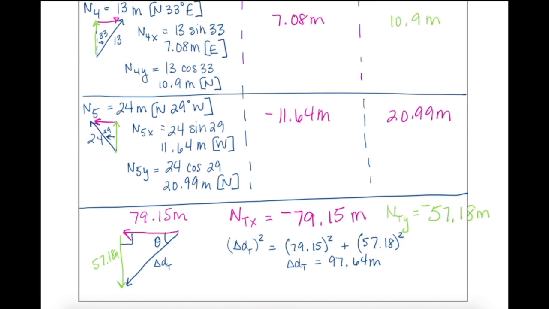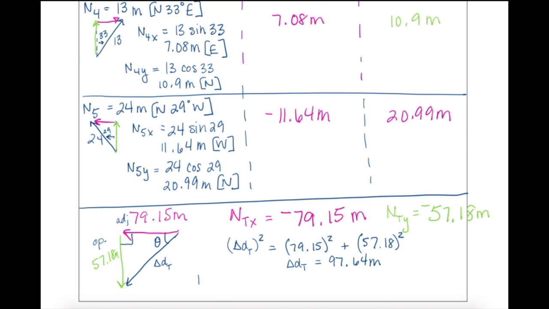Okay, and so then what we need to do is we need to find the angle, and so we should use the two values that we've calculated earlier. So the opposite and adjacent. So here's the opposite and the adjacent sides, and then our theta, our unknown. So we're going to use tangent.